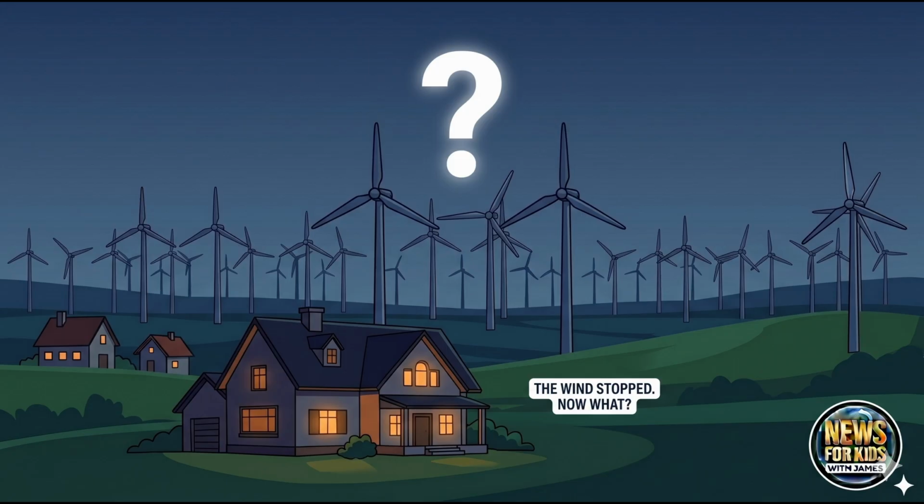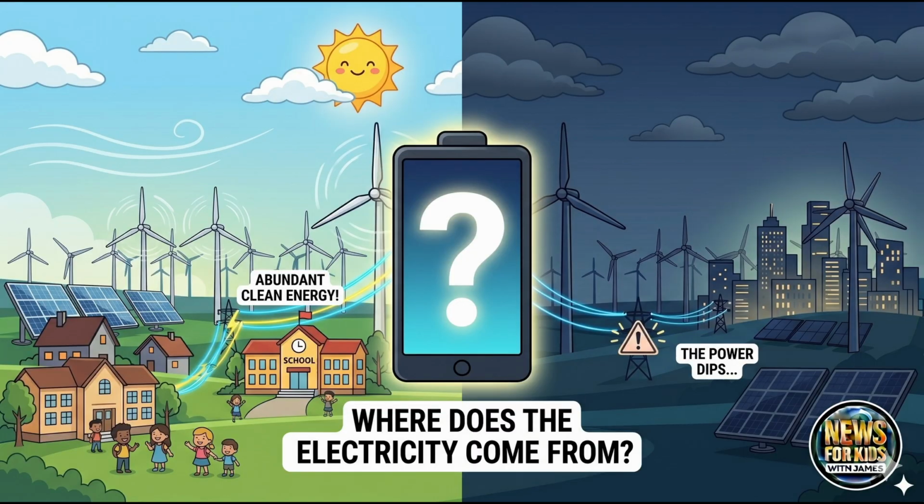Engineers have spent decades learning to capture that math in steel and carbon fiber, reaching higher and higher into the sky. But even the best wind farm in the world has one inescapable weakness. Sometimes the wind simply stops. When it does, where does the electricity come from? That question we will answer in the next episode.